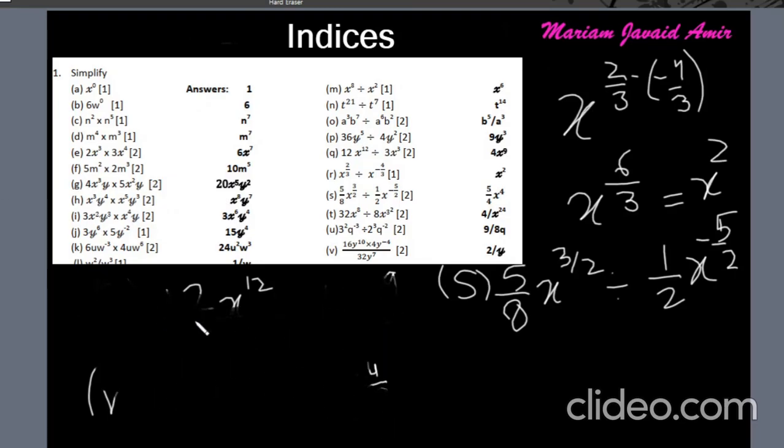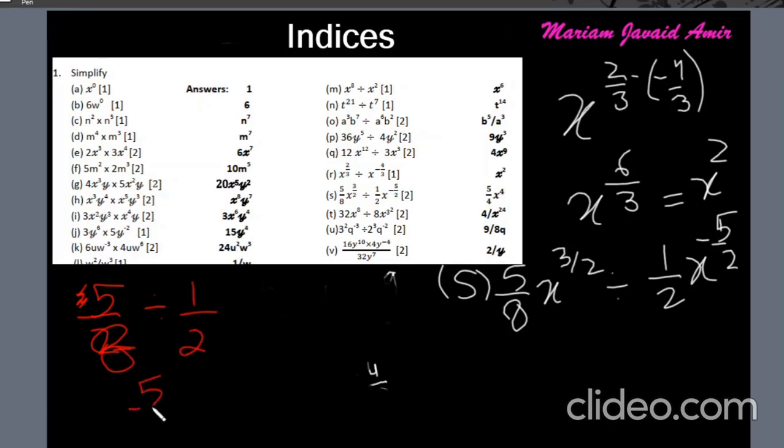5 over 8 divided by 1 by 2. So this becomes 5 over 8 times 2 by 1, which becomes 5 by 4.